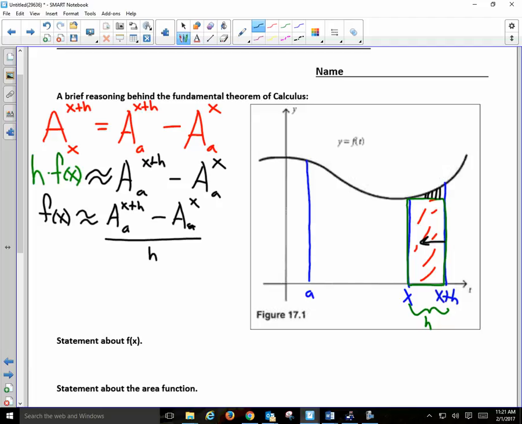How can I draw those closer together? Take the limit as H goes to 0. So then all of a sudden the function becomes the same as the limit as H goes to 0 of the area from A to X plus H minus the area from A to X, all over H.